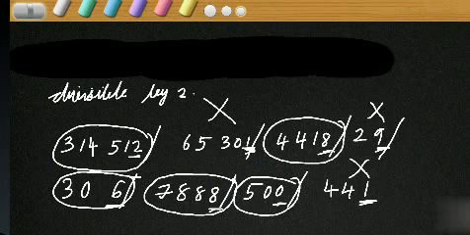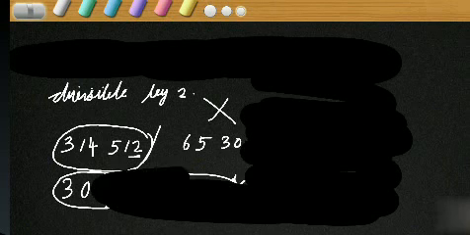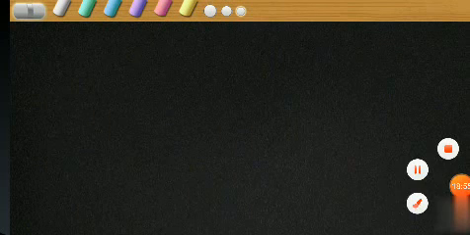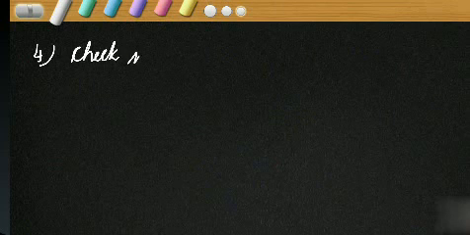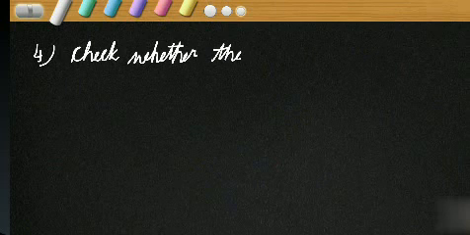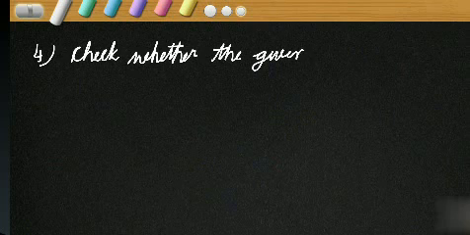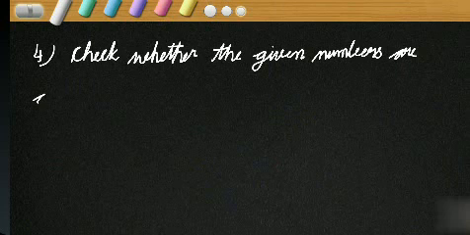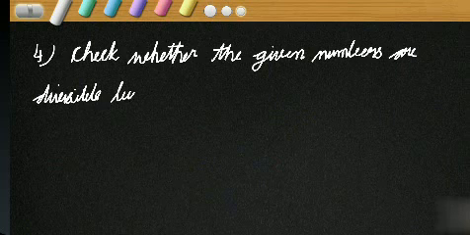Now write down question number 4. Check whether the given numbers are divisible by 3 or not.